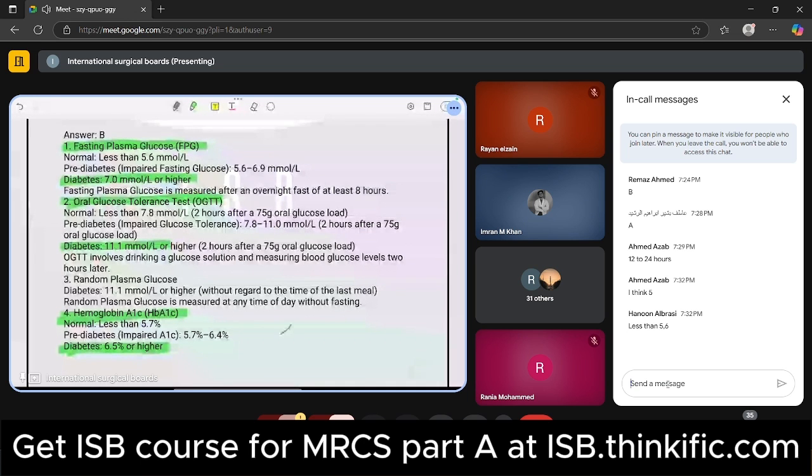Less than 69 millimole per mole, which equates to less than 8.5. Is that right? Does anyone have a converter that converts HbA1c from millimole per mole to percent? I think 69 is 8.5%, right? It means less than 69 millimole per mole or less than 8.5%. I think so. Okay, let's see the next question.